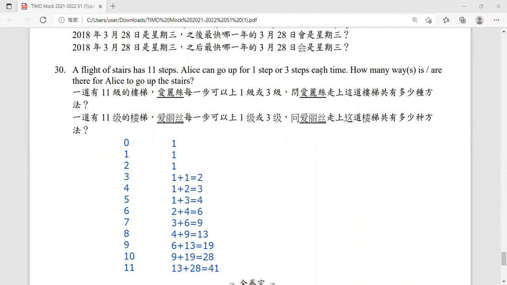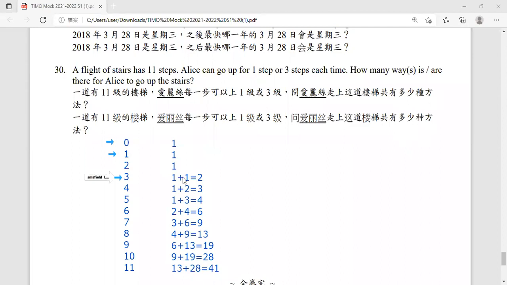Now, because they only go 1 step or 3 steps, this step must come from the first step or the 0 step. Addition rule.